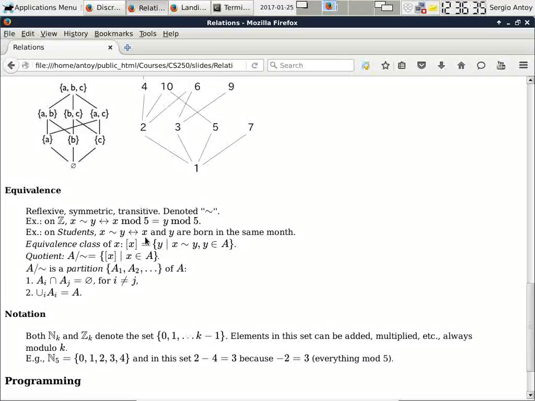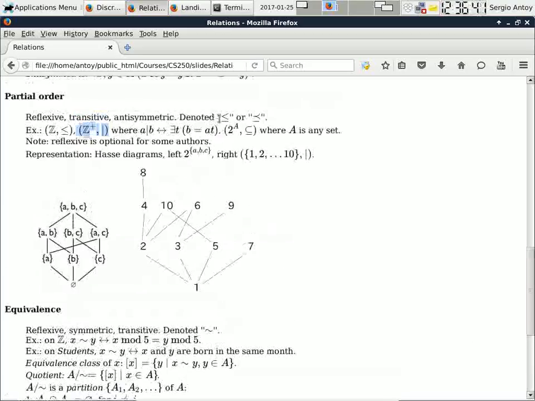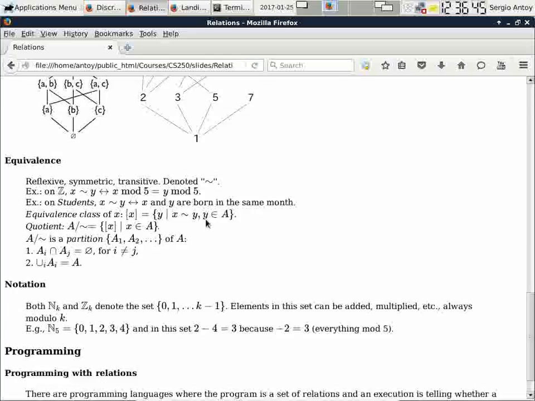So before, when we had a partial order, we would denote it sloppily with this one, right? And so when we have an equivalence, typically we will denote it with this one. When you see that wiggle, it means that I'm telling you that the relation is an equivalence. So you know that it has these properties.